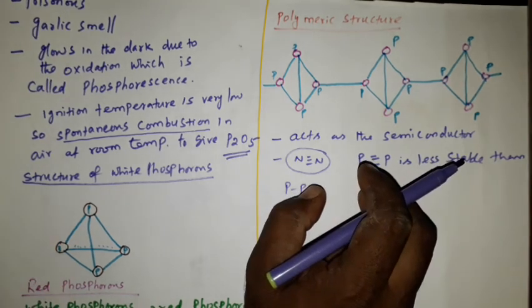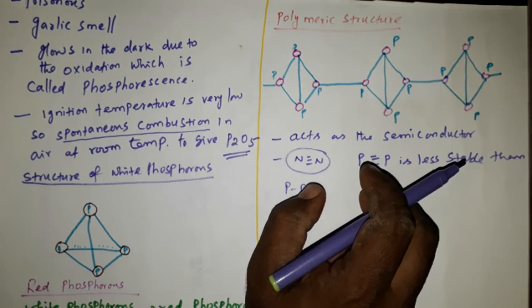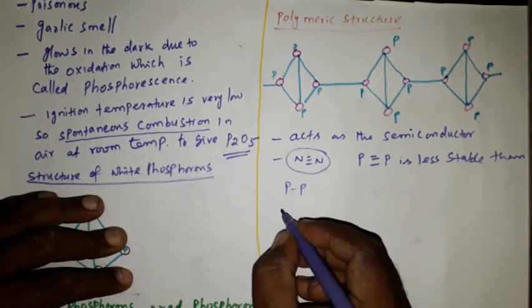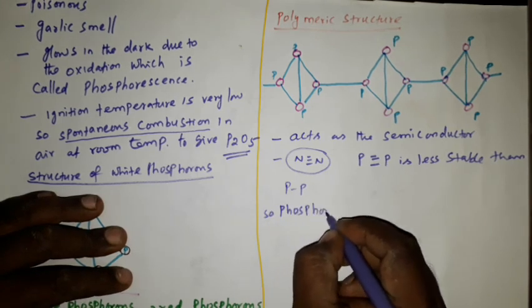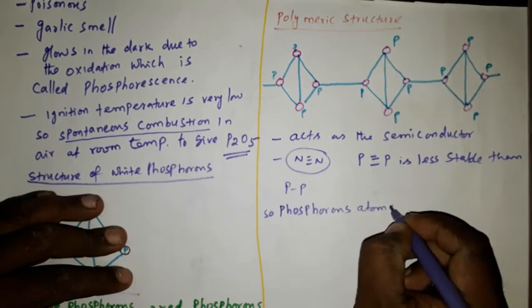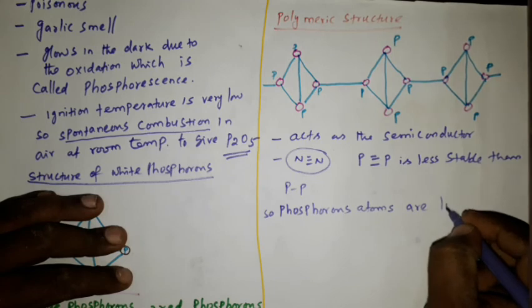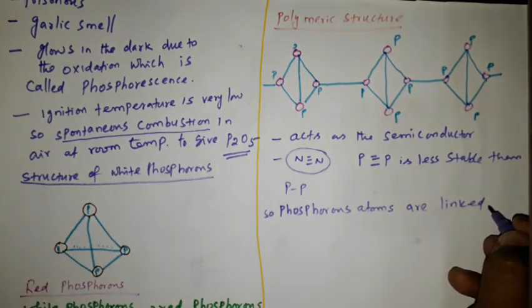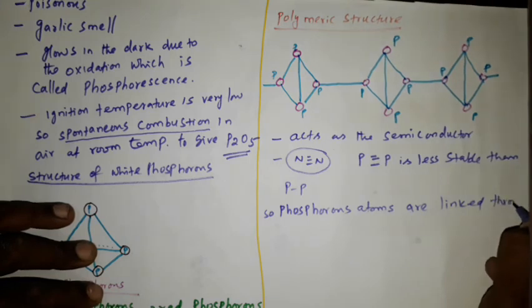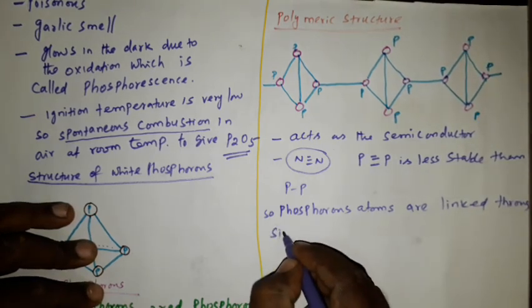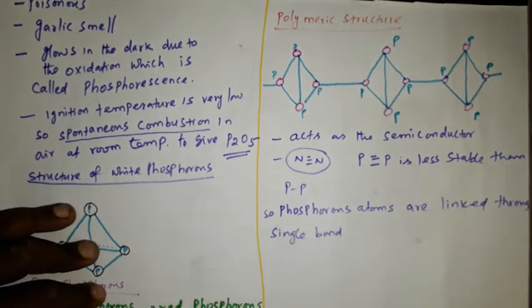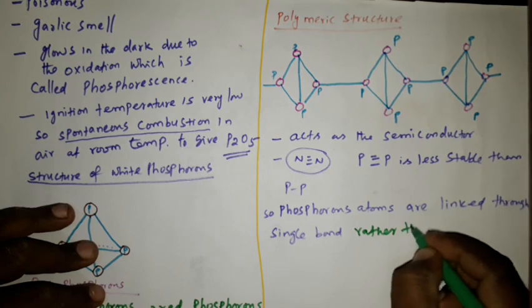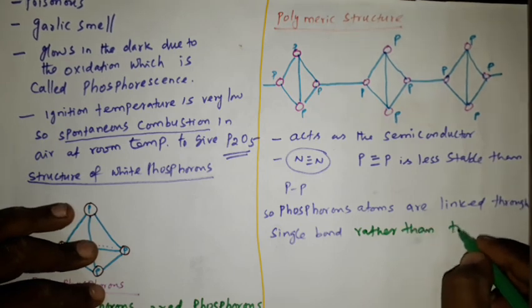So phosphorus atoms are linked through single bonds rather than triple bonds.